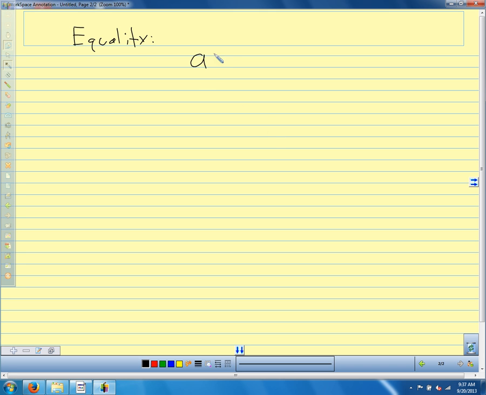So if I have a + bi, and we know that equals c + di, if these are equal, what do you think that's telling us? What's going to make sense for complex numbers to be equal?